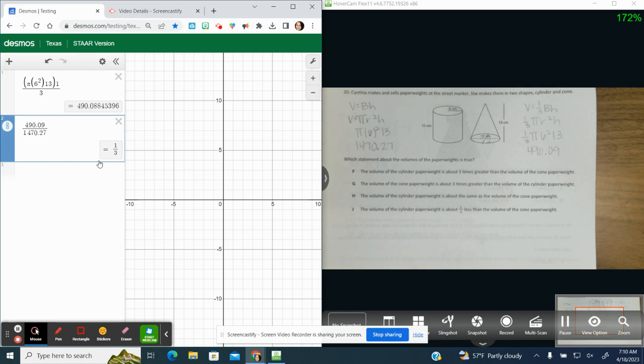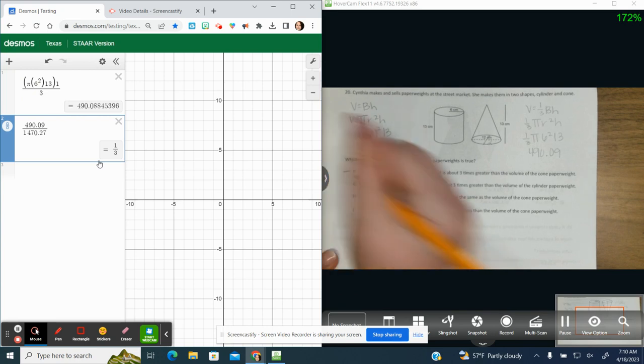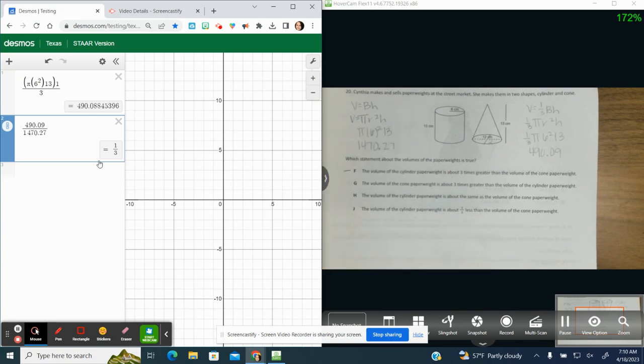So let's see. The volume of the cylinder paperweight is about 3 times greater than the volume of the cone. That is 3 times if that's 1/3 of that. So that's likely. The volume of the cone paperweight is 3 times greater than the volume of the cylinder paperweight.